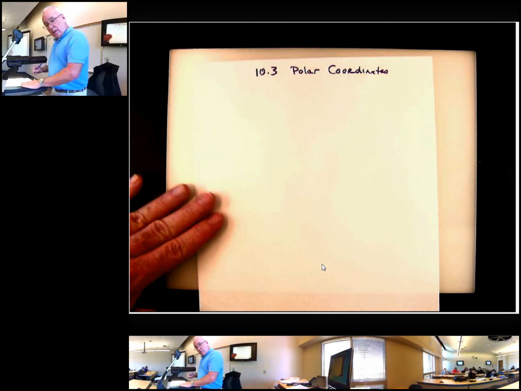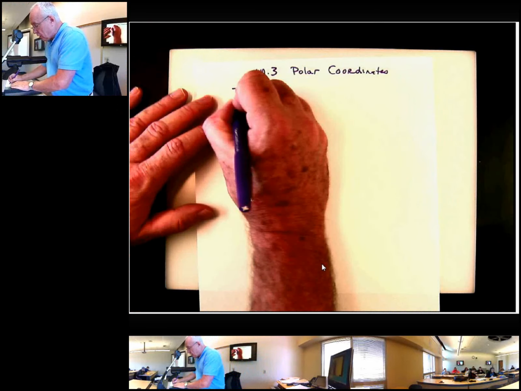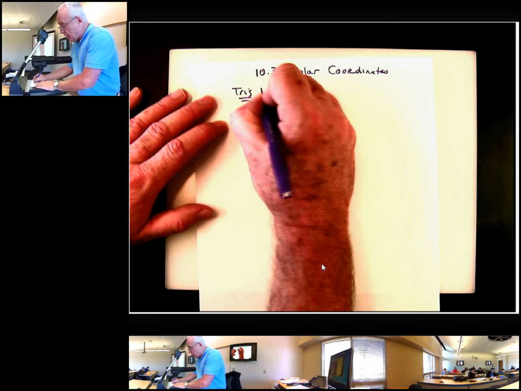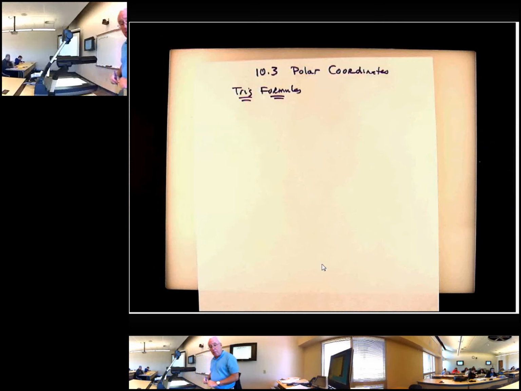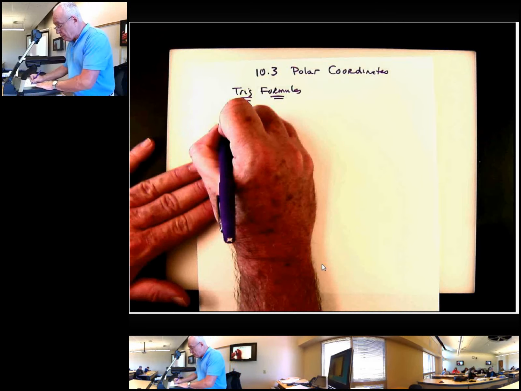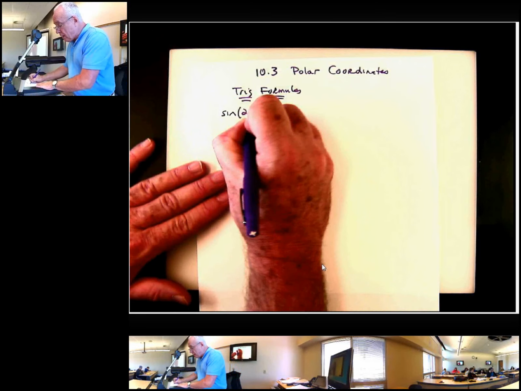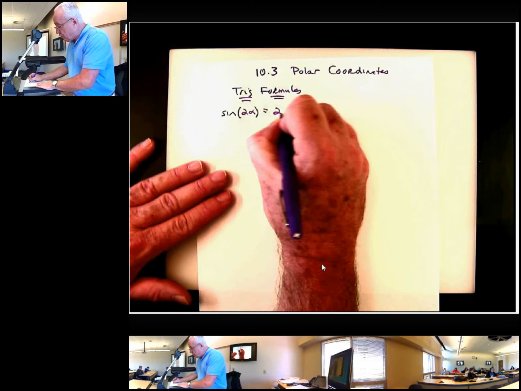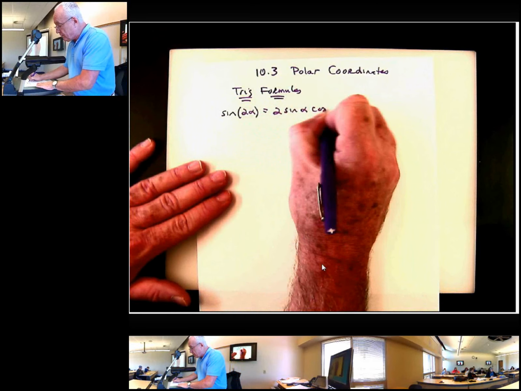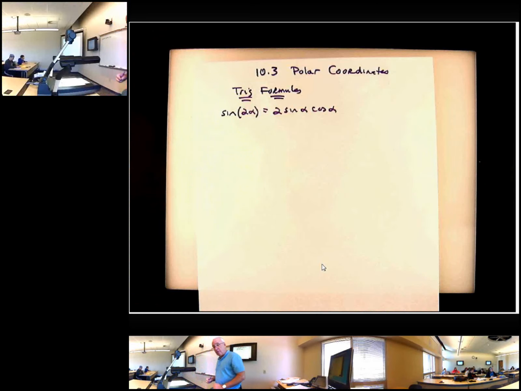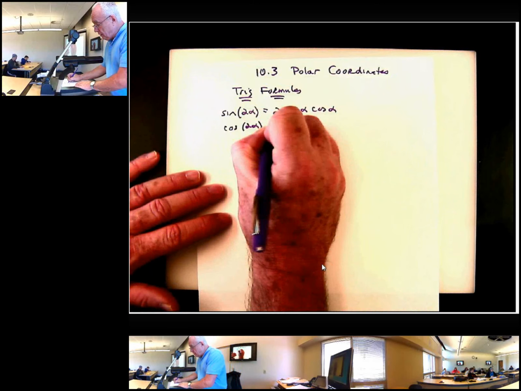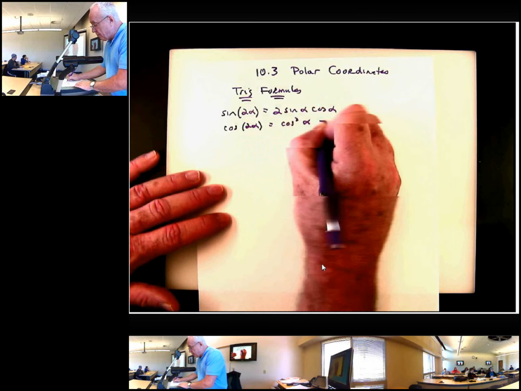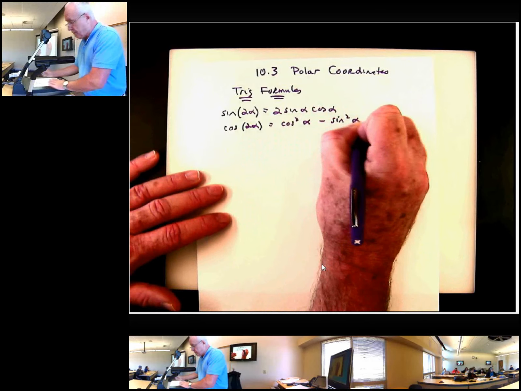Okay, first of all, what I want you guys to remember, and when I say remember, you know what I mean, are these trig formulas. The sine of 2 alpha is equal to 2 times the sine of alpha cosine of alpha. The cosine of 2 alpha is cosine squared of alpha minus sine squared of alpha.